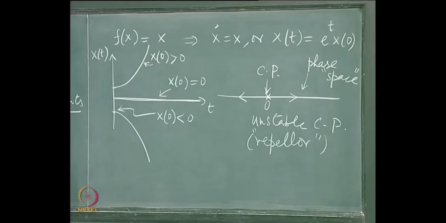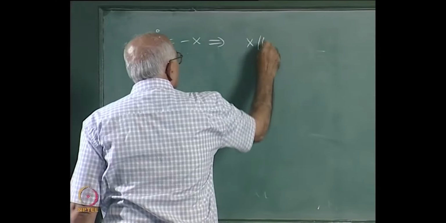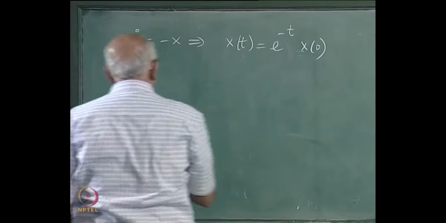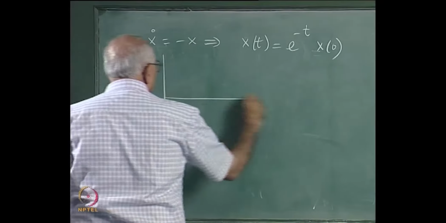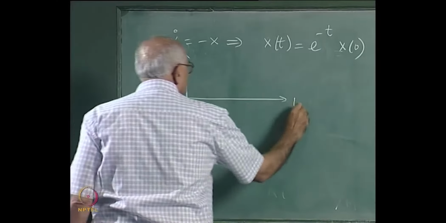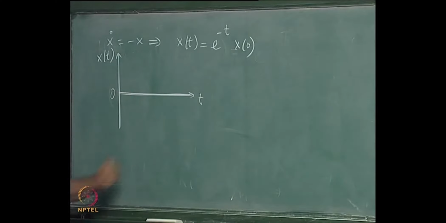So if I took x dot equal to minus x, this would imply x of t equals e to the minus t x of 0, and the graph of x of t versus t, again if I start at 0 I remain here, but wherever else I start, if I start at this point or this point etc., I would exponentially decay towards 0 as time went on.